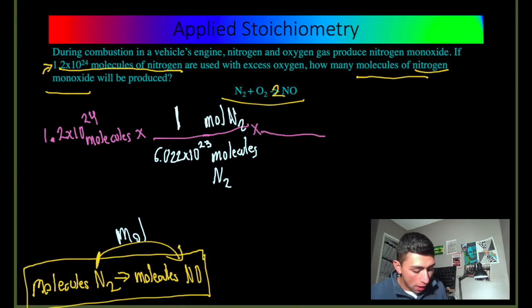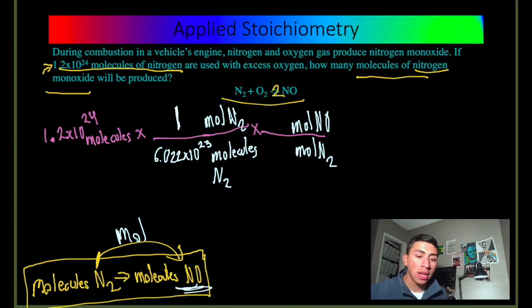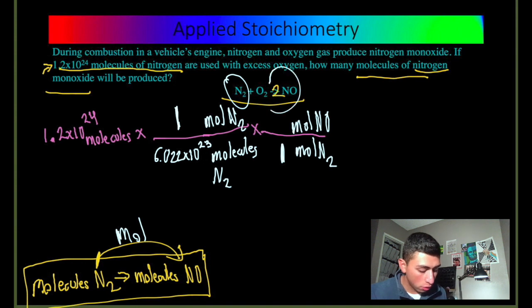So now that you know that, you can convert from moles of N2 to moles of nitrogen monoxide, right? Because nitrogen monoxide is the substance that we are converting to. Now, according to our chemical reaction up here, for every 1 mole of N2, you have 2 moles of nitrogen monoxide.